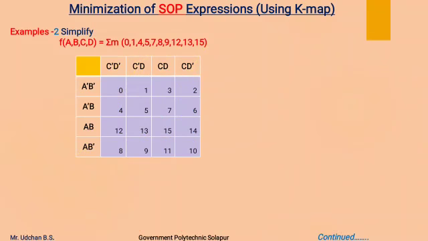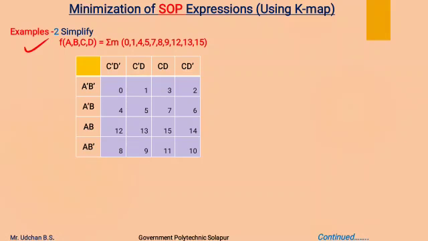So we will solve the next example, which is a function of ABCD containing the min terms 0, 1, 4, 5, 7, 8, 9, 12, 13, 15. Again, as the min terms are in the range of 0 to 15, we are going to use a 4 variable K-map. Now we will enter the ones for the min terms which are available in our given equation.